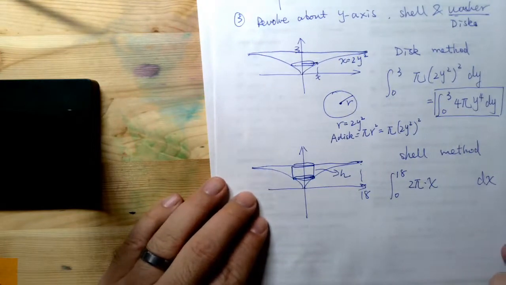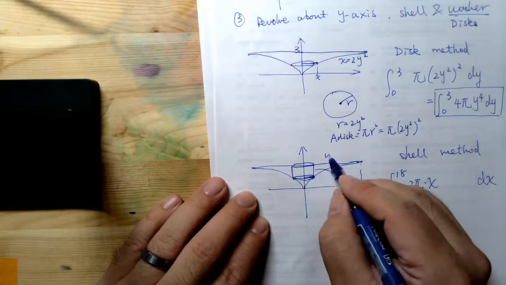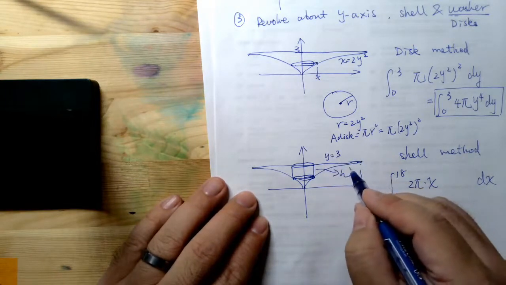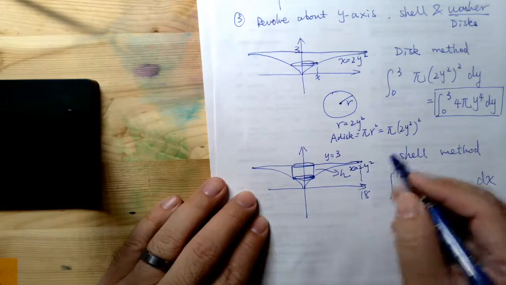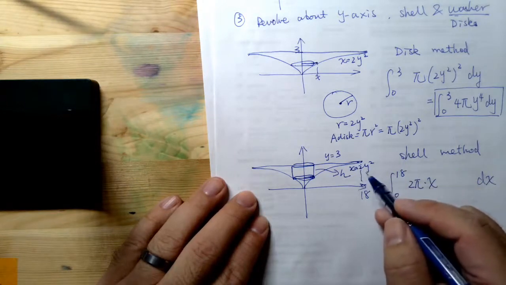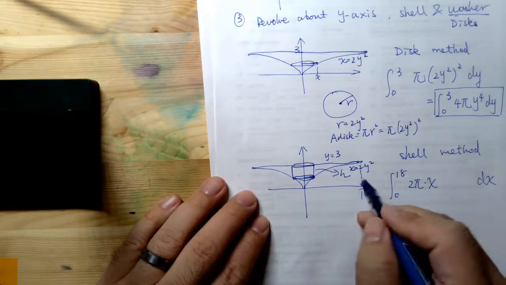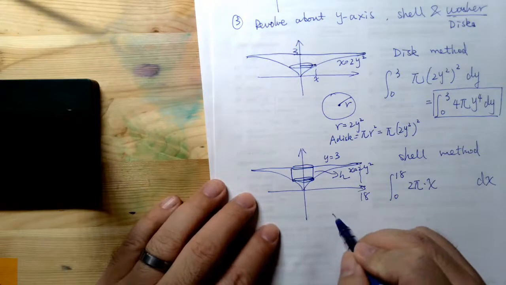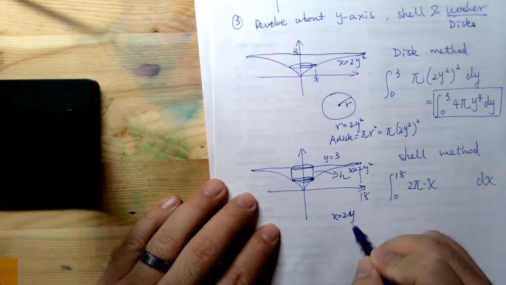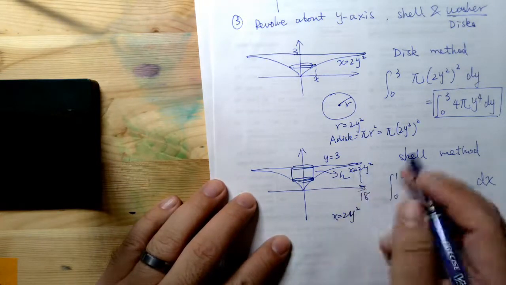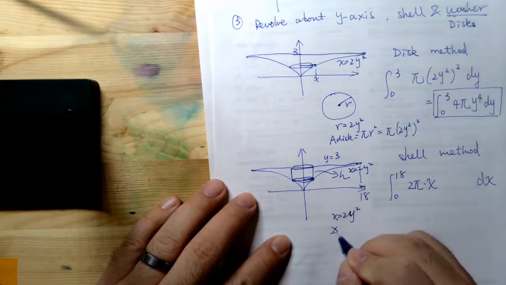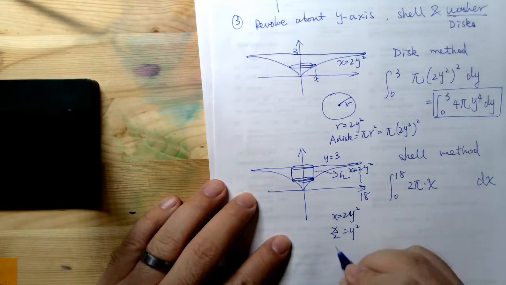So this is y equals 3. This is x equals 2y squared. In other words, we actually need to solve for y in terms of x to complete this problem. So x equals 2y squared. We only take the positive piece. So x over 2 equals y squared, and then y equals the square root of x over 2.